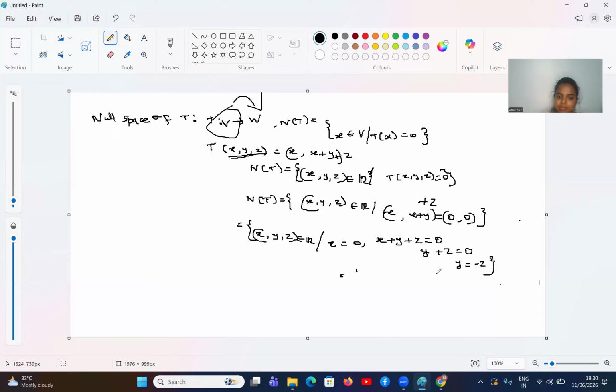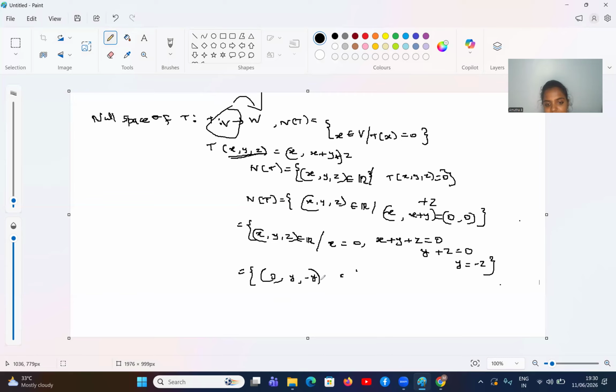In this step, we have to minimize the variables. The more variables you reduce, the more it reduces your dimension. The most important thing is that you have to collect only the minimum set. So, I write x equal to 0 and y equal to minus z, that means z equal to minus y.